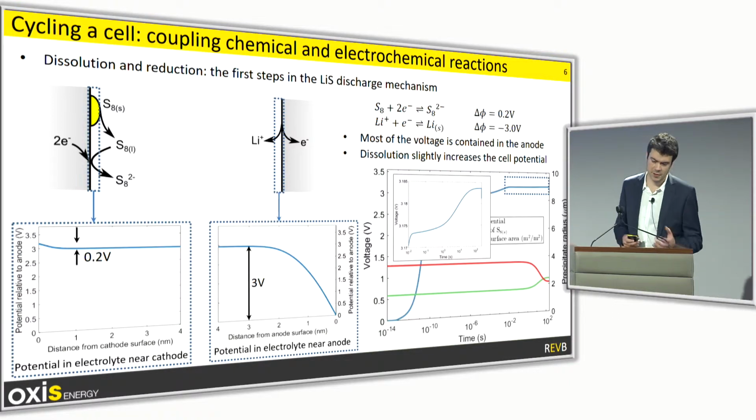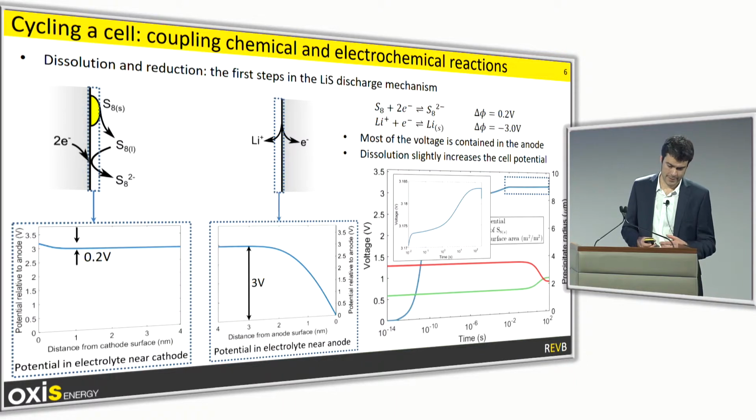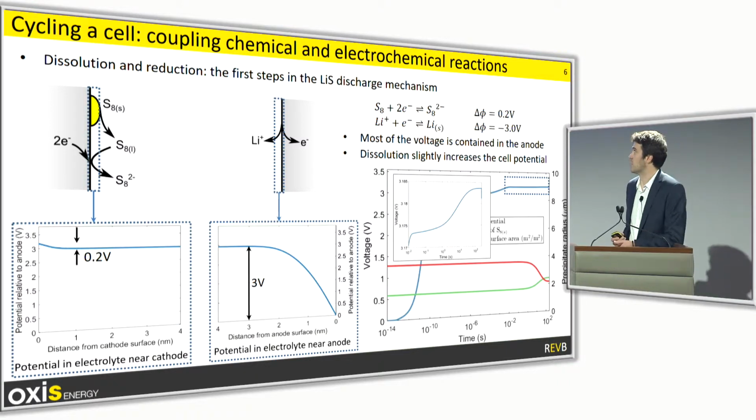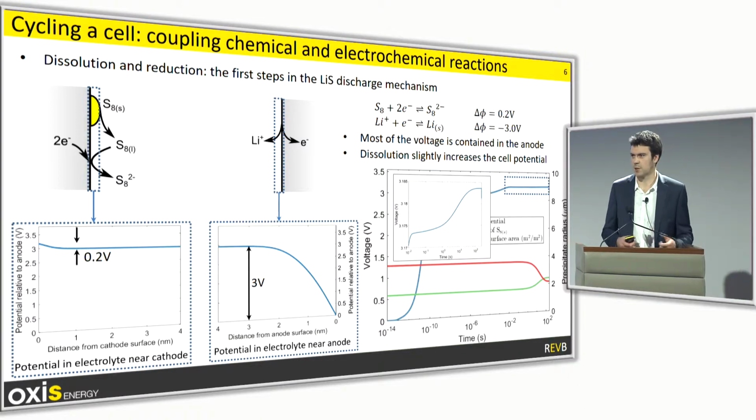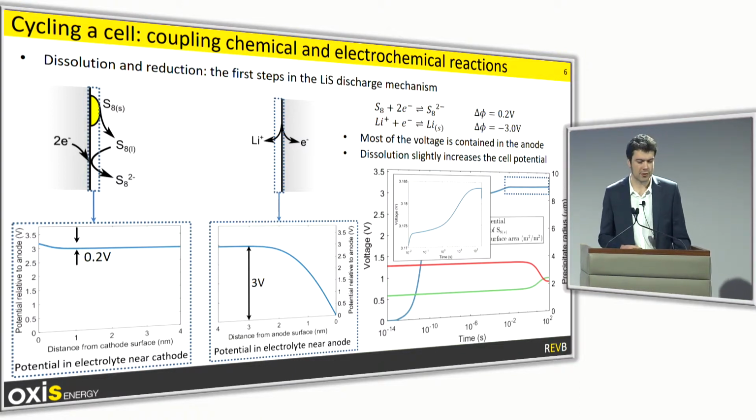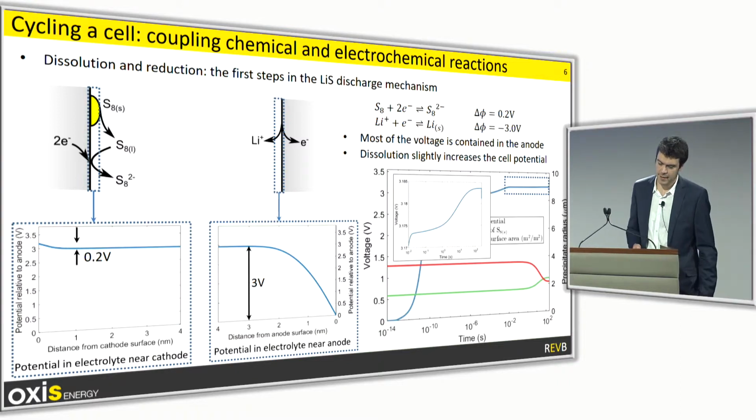This corresponds to this increase in the cell potential, which is caused by the dissolved species altering the activities of the species in solution, which shifts the equilibrium point of the electrochemical reaction. So it's the first indication that we're seeing some coupling between the chemical and the electrochemical steps. And this affects the equilibrium stage.